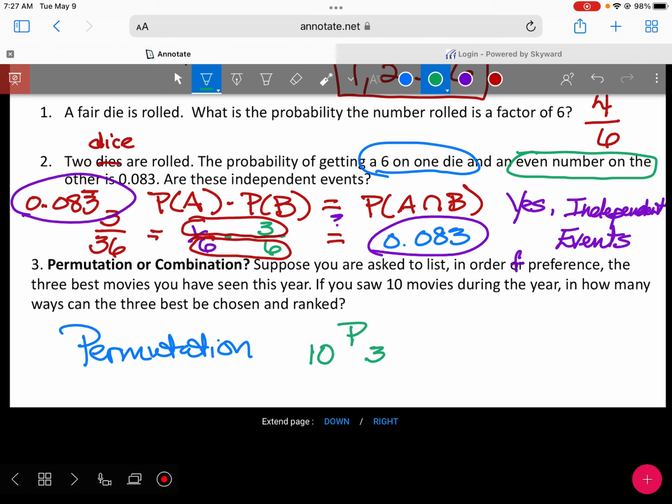So if you put that in on your calculator, you will probably get something like 10 times 9 times 8. I'm going to say 720. You should get 720.